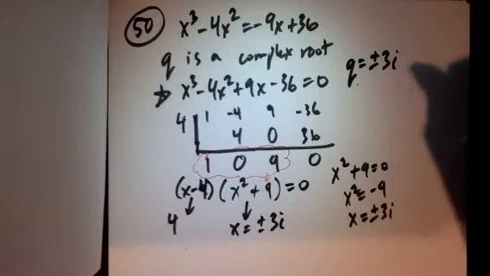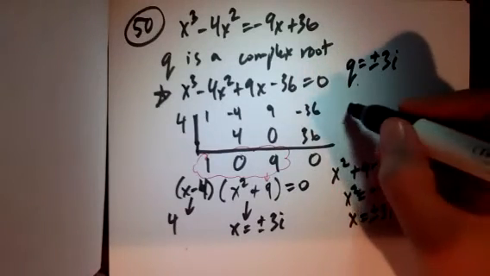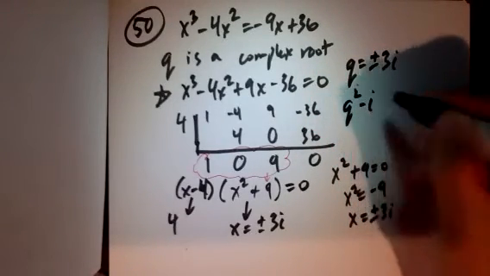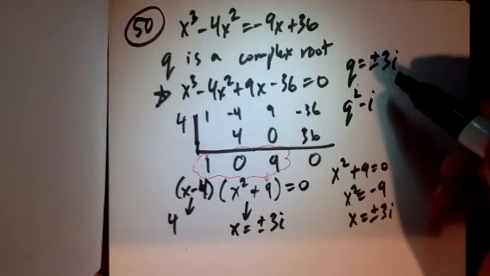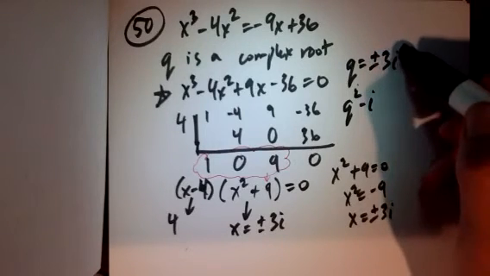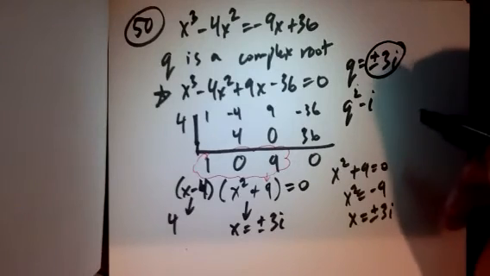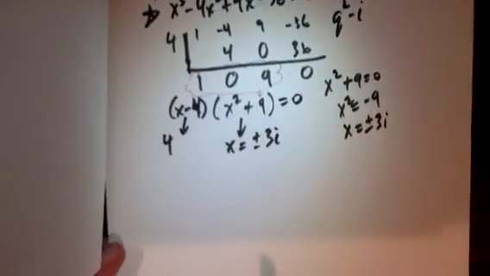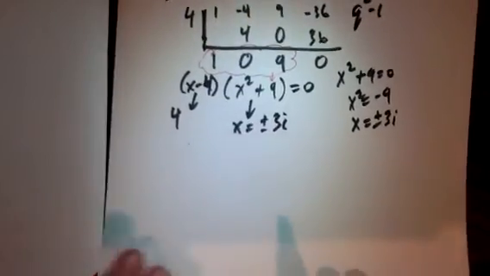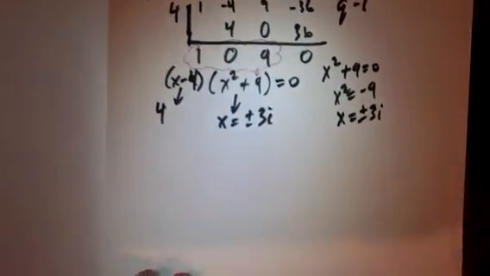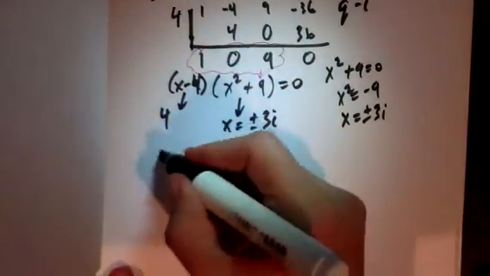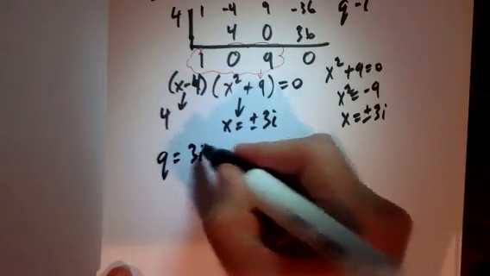Then we're asked to find ultimately what is q squared minus i. Well, q squared is plus or minus 3i squared. So let's do that here. q equals 3i.